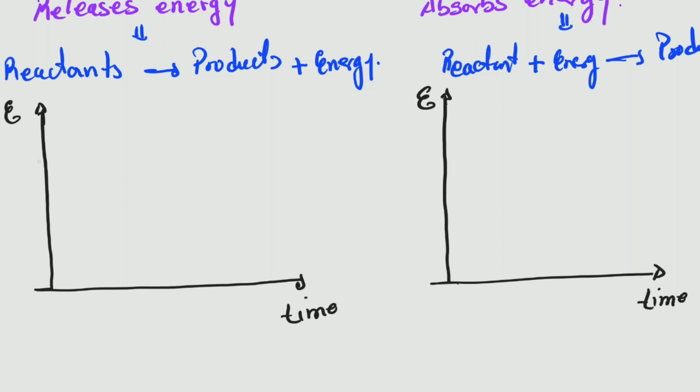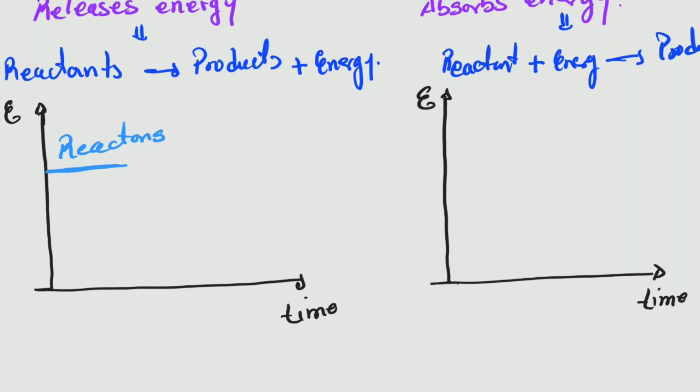For the exothermic reaction, we have that the reactants will have some energy. This is reactants. Now, when I say reactants, I don't speak about the reactants itself, but rather about the energy of the reactants.